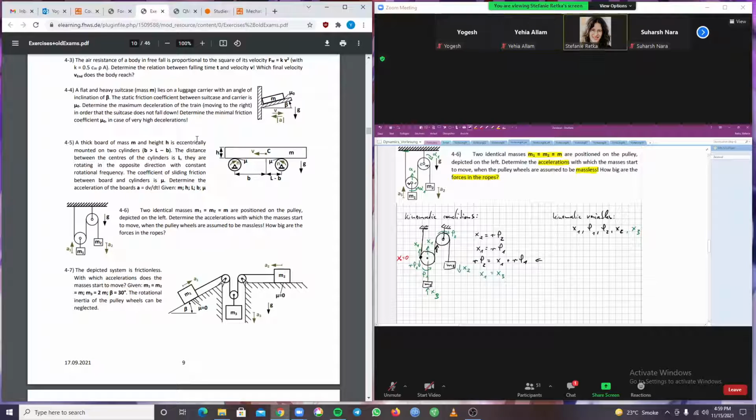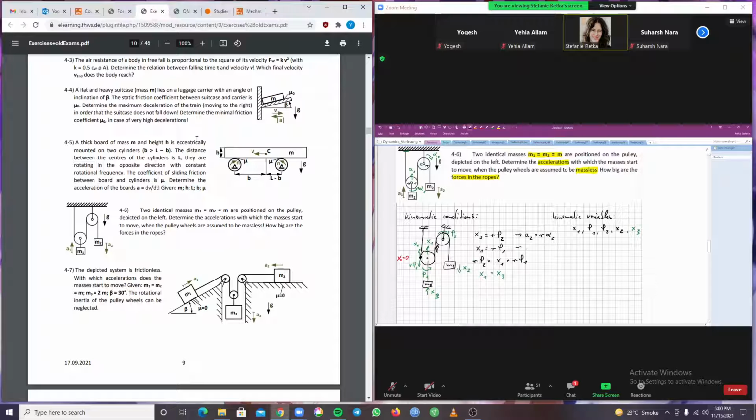Now, we want to describe the accelerations of the 2 masses, A1 and A2. And that means that we have to derive our kinematic conditions in terms of these 2 accelerations. So for the first one, we can also state that A2 is equal to R alpha 2.